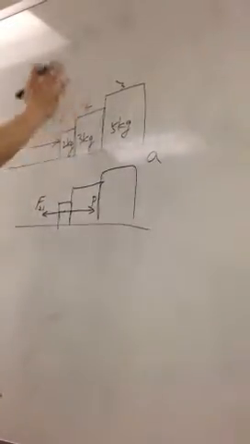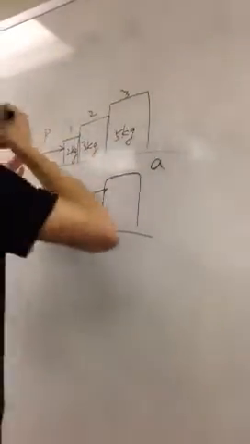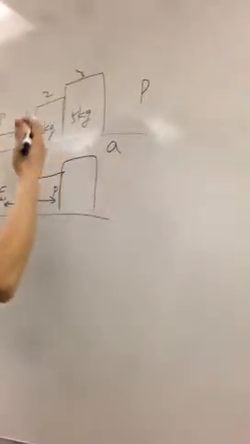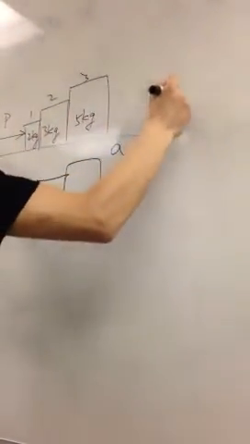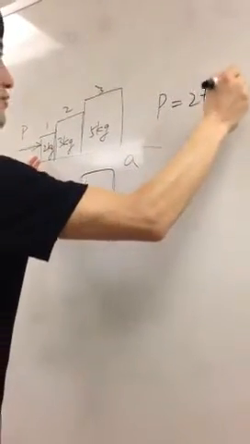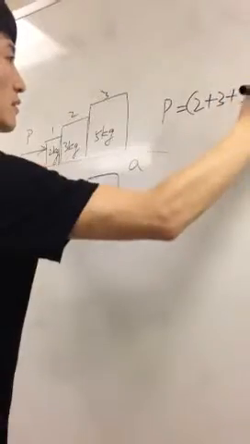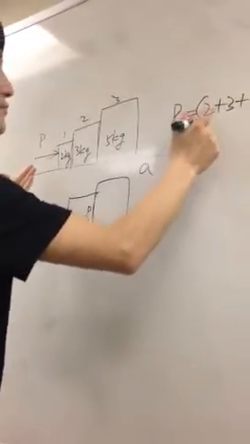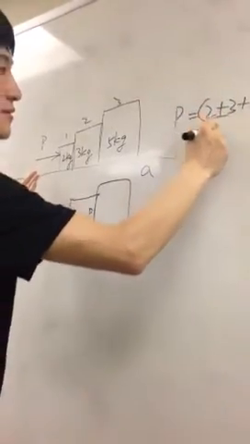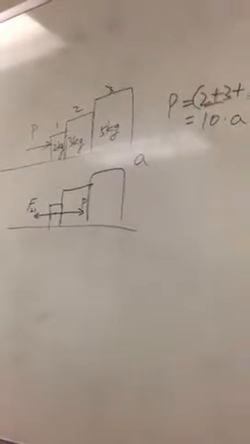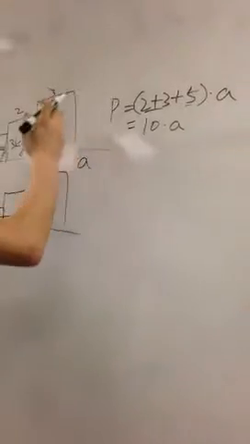So from this, if we look at 1, 2, 3 together, P is the only force, equal to the mass, 2 plus 3 plus 5, so it's 10, times A. I was looking at it wrong, you're right. But that's just calculation, it's fine.